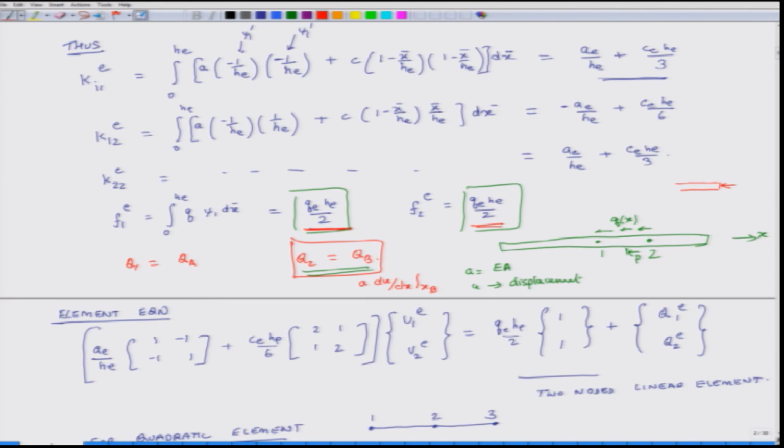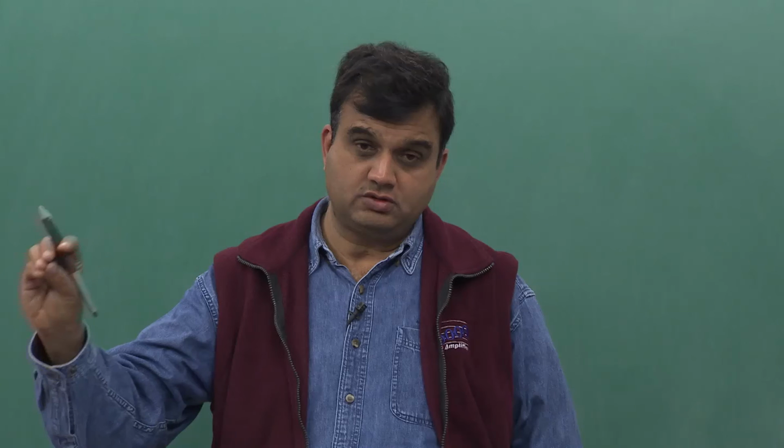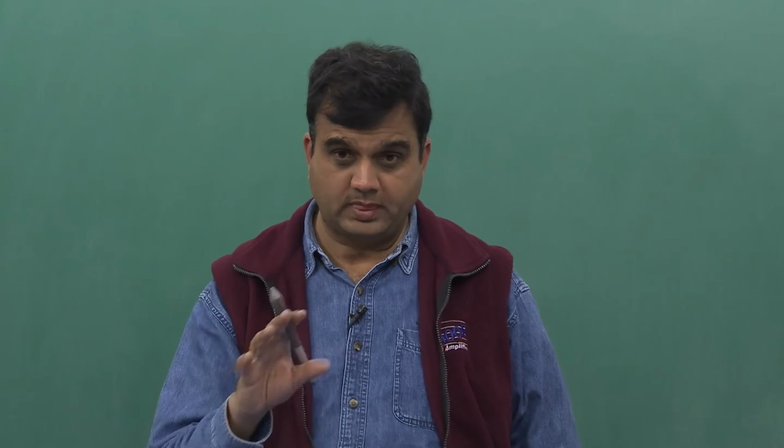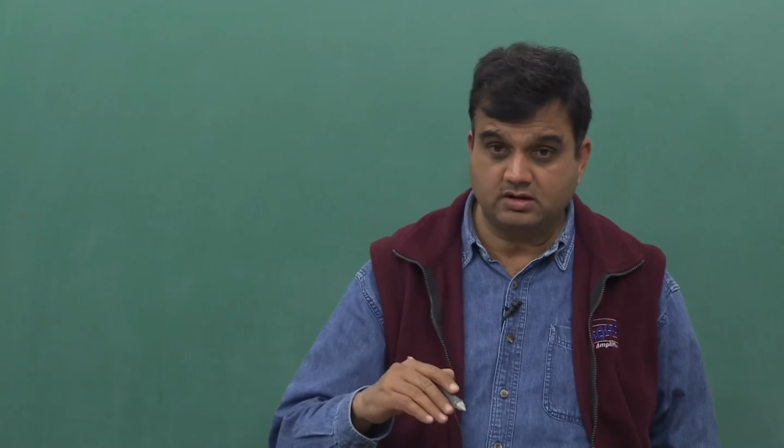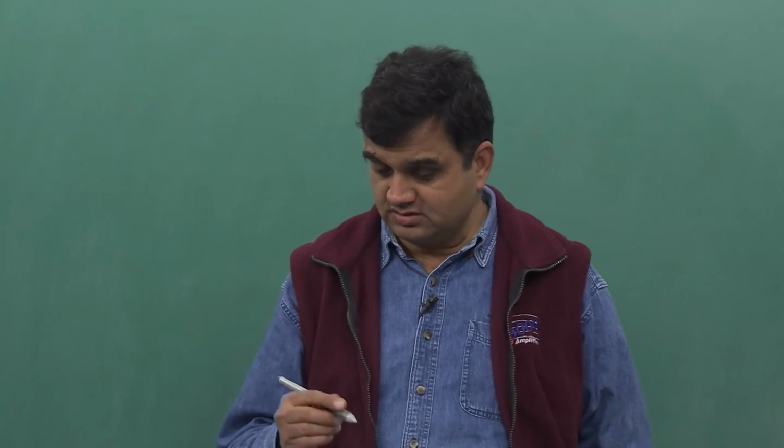So these terms QA and QB represent point load terms, whereas F1 and F2 represent the loads at the two locations which are attributable to the distributed load. This is important to understand, because we will use this understanding when we are developing the assembly level equations.